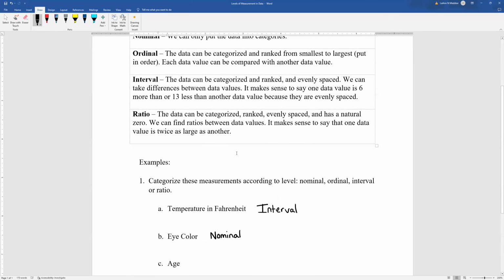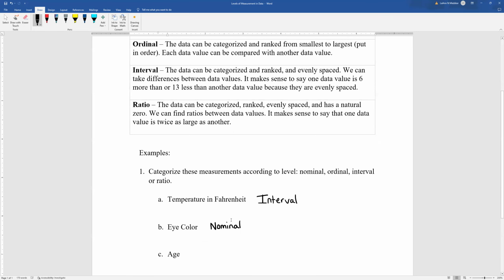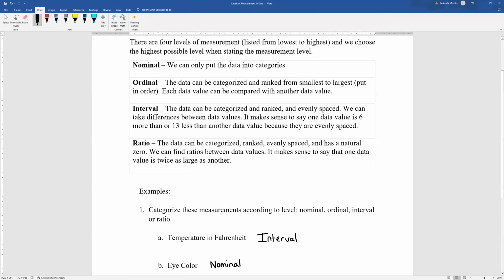When we talk about age, everyone has an age that can be put into a category. We can rank age from smallest to largest. A year of my life is the same as a year of your life. The year between my 10th birthday and 11th birthday is the same as the year of passing from 15 to 16 years old.